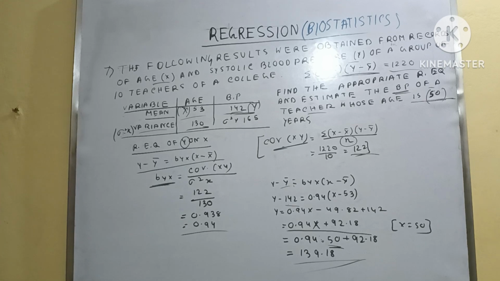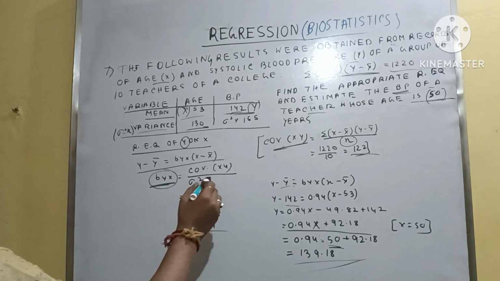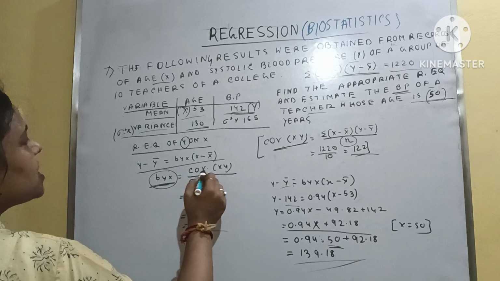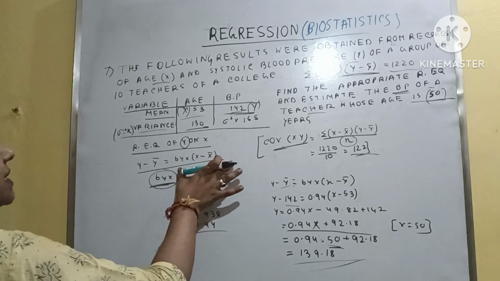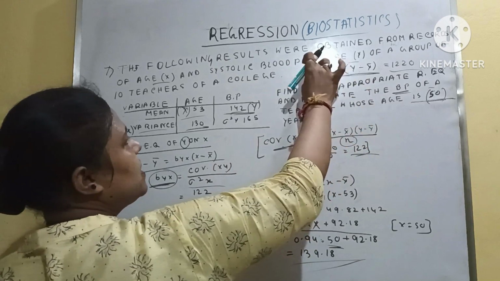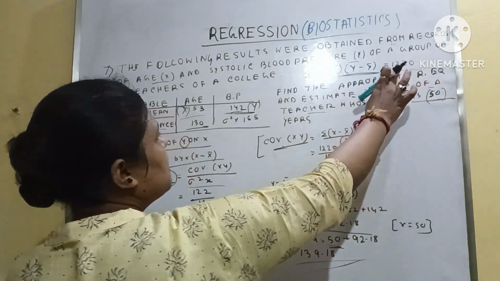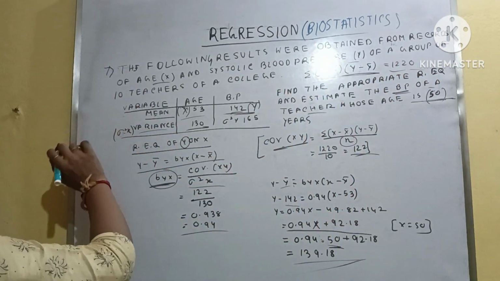In that situation we have to calculate the sum in this way. You have to memorize that the byx value is calculated as COV(x,y) by sigma square x, which is the actual value divided by the number of individuals.